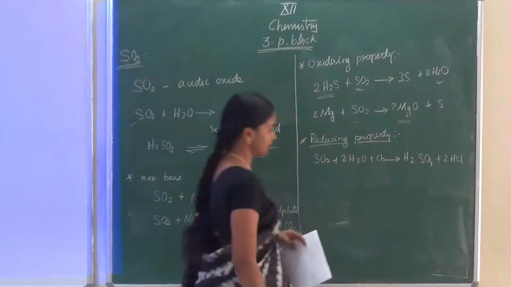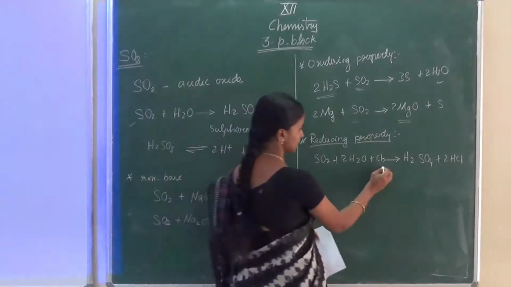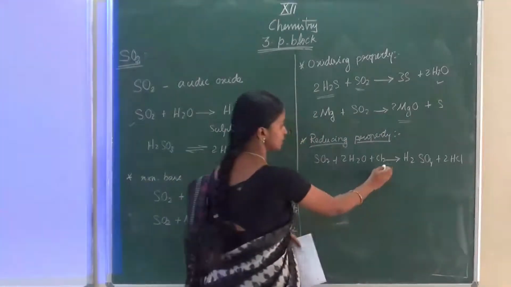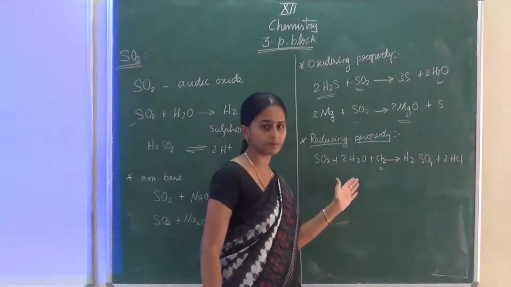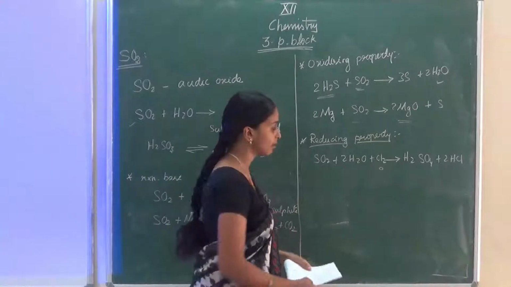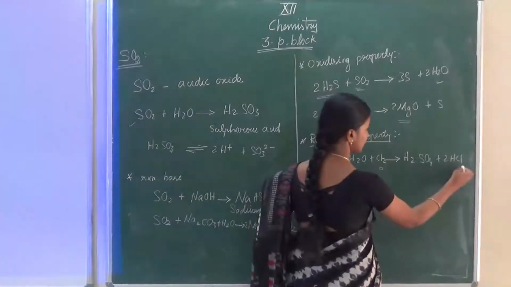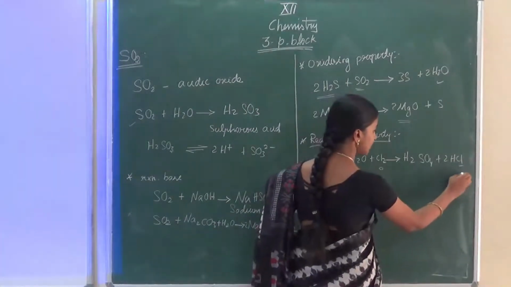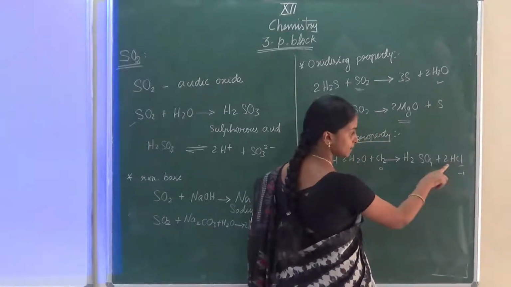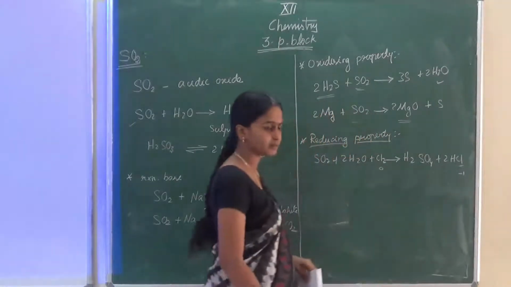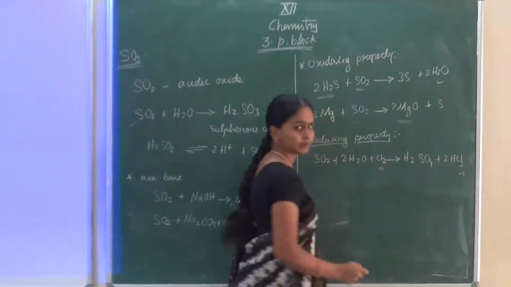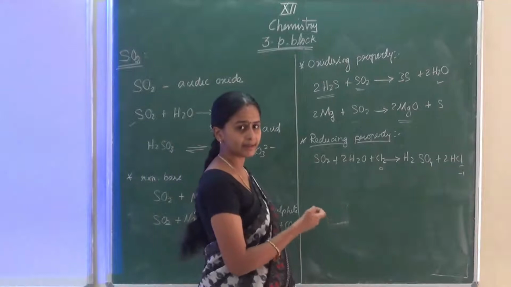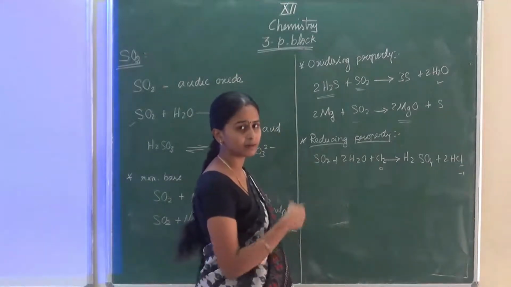Now if you notice, the chlorine is in Cl2 form, so it is in 0 oxidation state. But on the product side, chlorine is in which oxidation state? Minus 1. Hydrogen is +1, chlorine is -1. It goes from 0 to -1. So what happened there? Electron is gained.